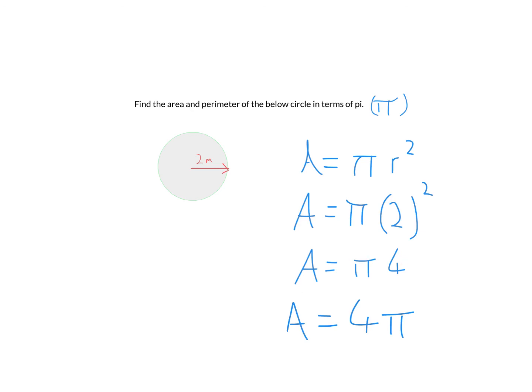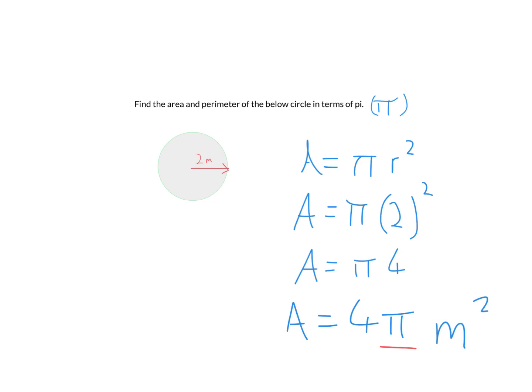Same way as x times 4, we write it as 4x. We do keep our units though, and area is in units squared, so it's going to be meters squared. So 4 pi meters squared. Now they asked for it in terms of pi, so basically you just don't sub anything in for pi, and you leave pi as part of the answer.